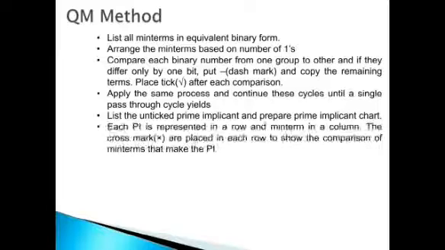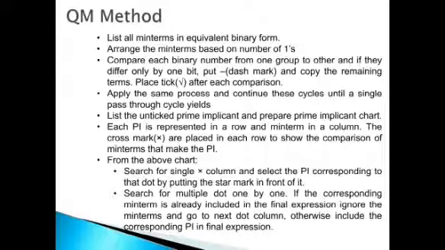Each PI, that is prime implicant, is represented in a row and minterms in the columns. The cross marks are placed in each row to show the minterms that make the prime implicant. In the last step, we will find the essential or critical PIs for the result.